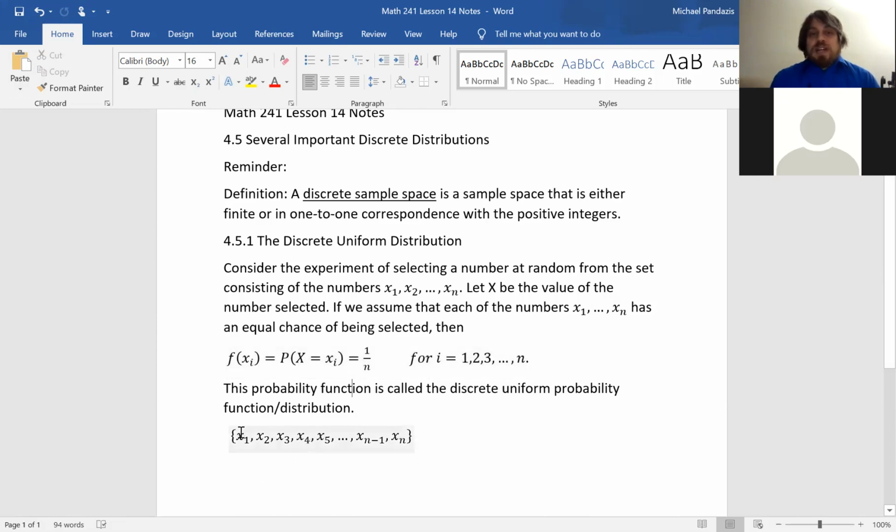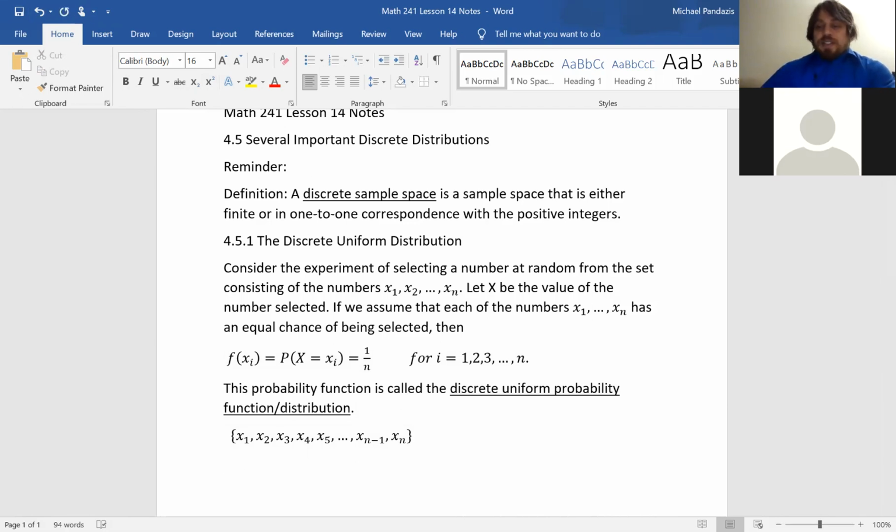Okay, so f of x1 is 1 over n, f of x2 is 1 over n, f of x3 is 1 over n, f of xn is 1 over n. And so it's called the discrete uniform probability function / distribution. Okay, all right. And so this is an example of that.